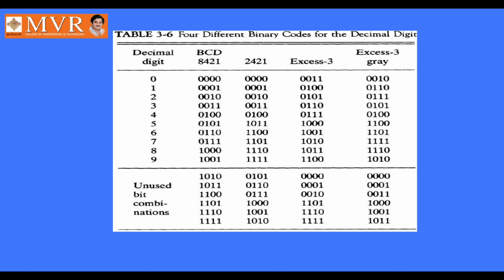And if you put 1 at the place of 4, you will get the value 7. But we don't want 7, we want 5 here. That's why in place of the position 4, we put 0, and in the next position 2 we put 1 to generate the decimal equivalent in 2421. On the remaining bottom side, 6 combinations are given. They are no longer considered in the 2421 code.